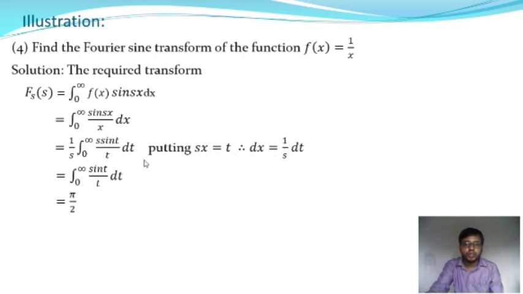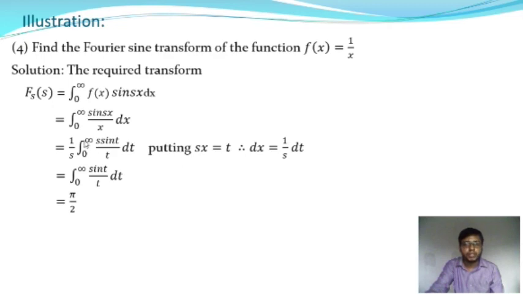Now putting the value of sx equal to t, we get 1 by t into 1 by s dt, so 1 by s times the integral from 0 to infinity, and the limits remain the same. When we put x equal to 0, then t is equal to 0, and if we put x equal to infinity, we will get t equal to infinity.